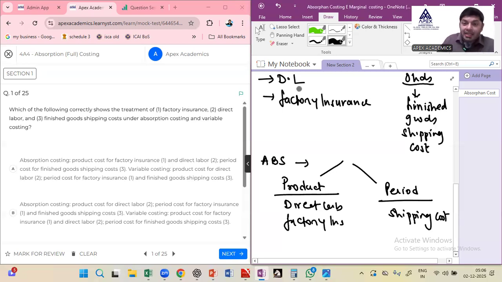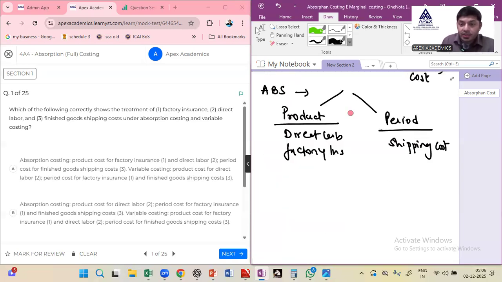But marginal costing is different. What does marginal or direct costing say?